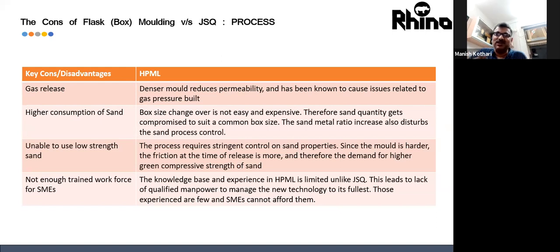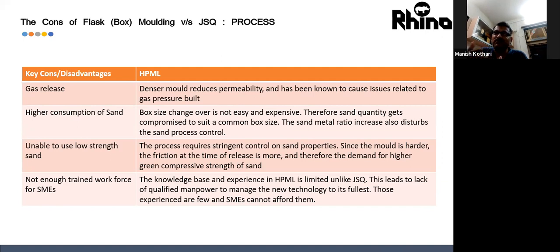In the conventional hand molding, the center of the box is hollow and they are reducing the sand, which is not possible in high pressure. You cannot have either sand or not, either or. It requires a little bit of thinking. So this is one of the disadvantages which comes with the process, and we must understand how to balance it.